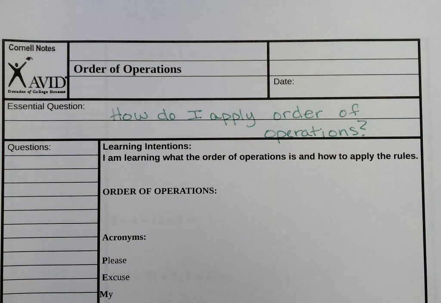If you said, please excuse my dear Aunt Sally, you would also be right. So, what is PEMDAS? What is please excuse my dear Aunt Sally? Well, those are the rules that we use to solve problems. It tells us in which order do we do the operations.